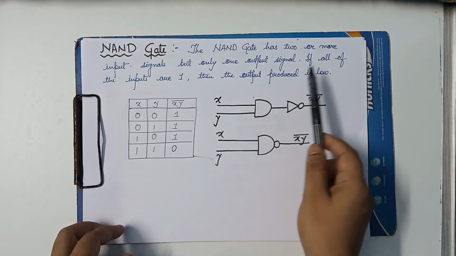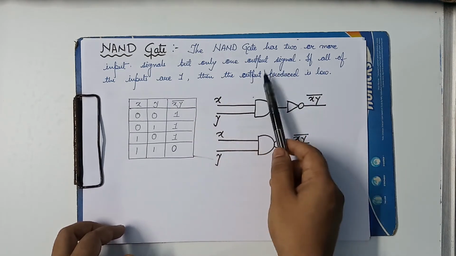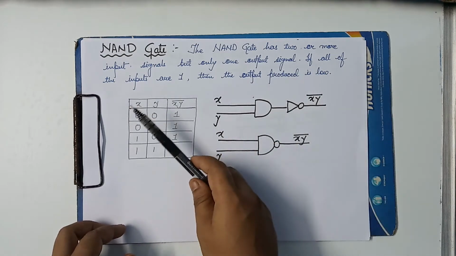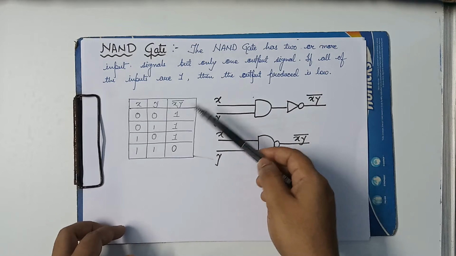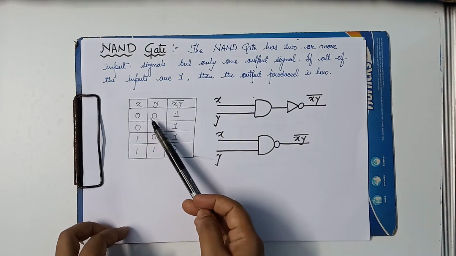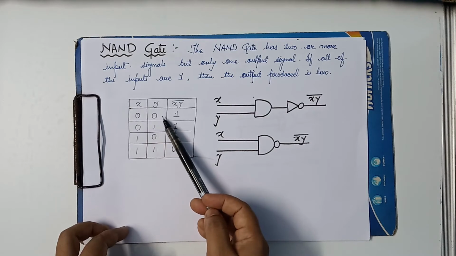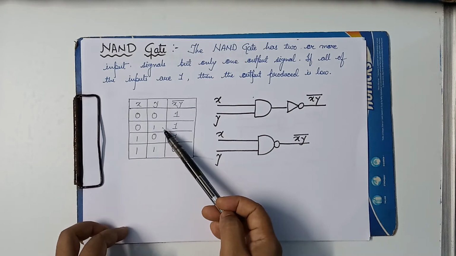The NAND gate has two or more input signals but only one output signal. If all the inputs are 1, then the output produced is low, that is, 0. So let's see xy. If you multiply 0 with 0, you will get 0 as the answer. The complement of 0 is 1. 0 and 1, the answer is 0.